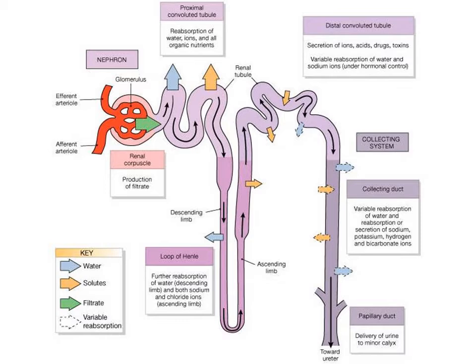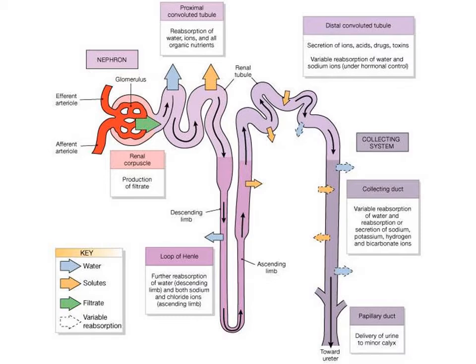If you follow the path around this network of tubules, what happens is first it's going to go through this winding set of tubes that's known as the proximal convoluted tubule. Convoluted because it's twisting, proximal because it is closest to that glomerulus. What's going to occur here? Depending on the needs right now, not 10 minutes from now, not 20 minutes ago, but right now, you will have reabsorption occurring.